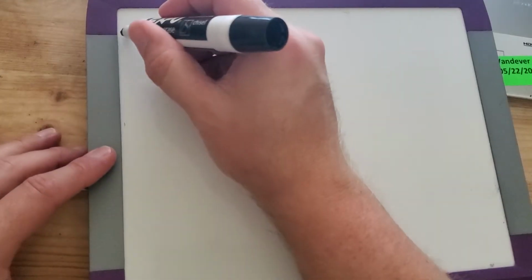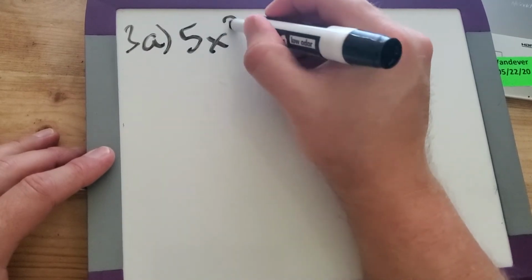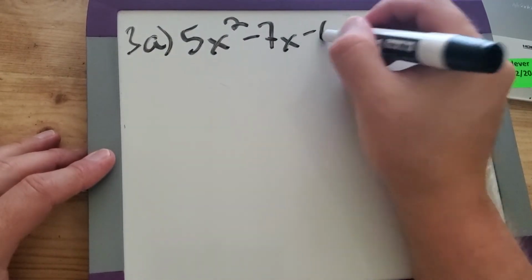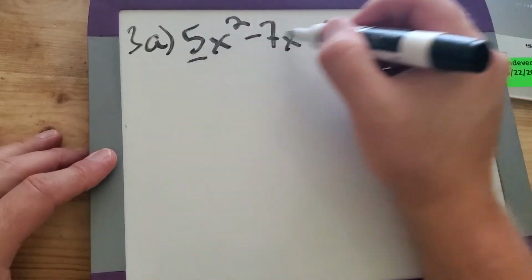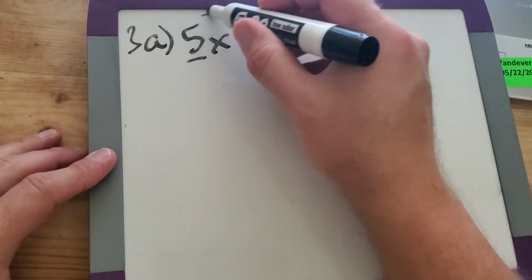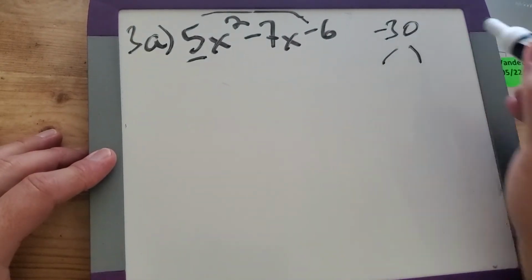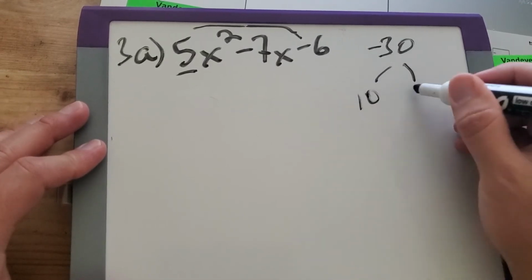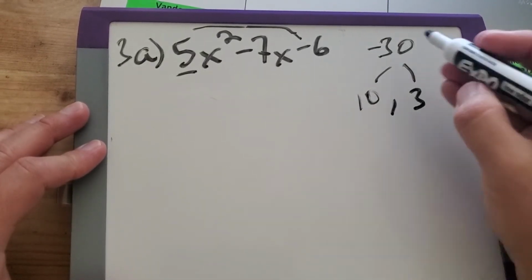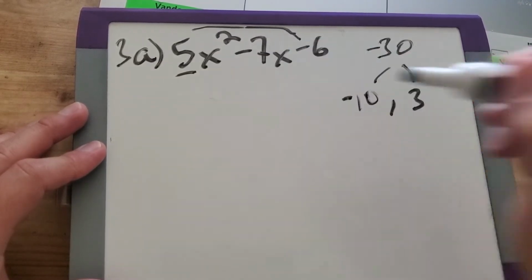Then we got some factoring stuff. So let me focus on this a little bit more because I just did the last one really quickly. But whenever the first number is not a 1 and you can't take it out, you got 3 terms. You do 5 times negative 6. It's negative 30. What factors of negative 30 add to be negative 7? That would be 10 and 3, with the negative on the 10 so that when you add them, you get negative 7.